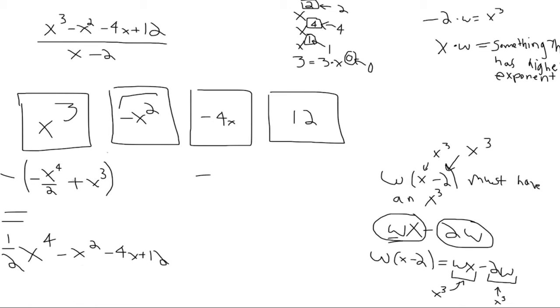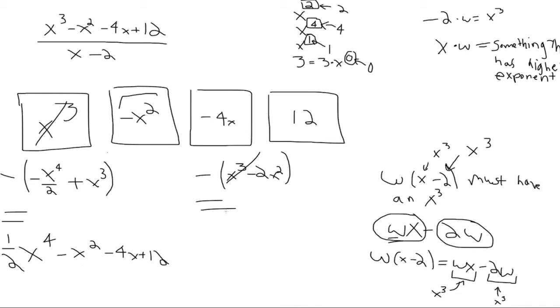So I'll just draw that over here. We're going to subtract x cubed minus 2x squared, right? That's what we're subtracting, and that's the path. That's what we end up getting if we choose w to be something that we multiply by x to equal x cubed. And that is going to end up getting, well, the x cubes are going to cancel, right?